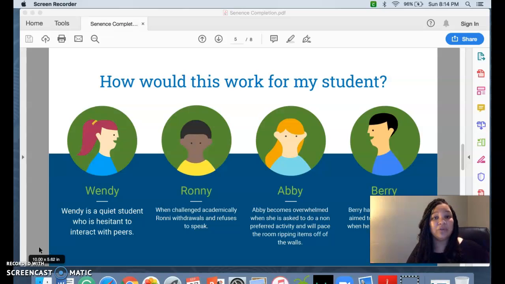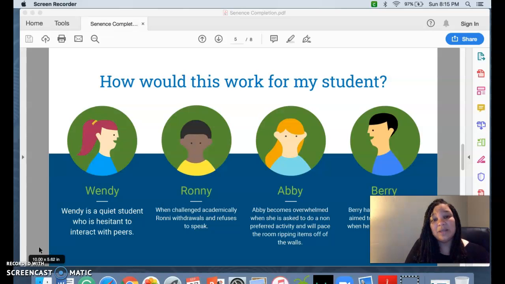A sentence starter for her could be, I prefer to, instead of, so I prefer to play with Legos instead of doing my math. Then you can take that information and implement a first-this-then-that: first, if you do your math, then you can play with the Legos.